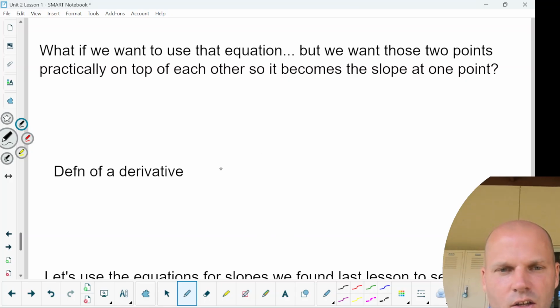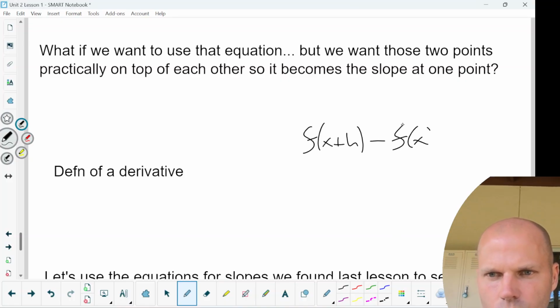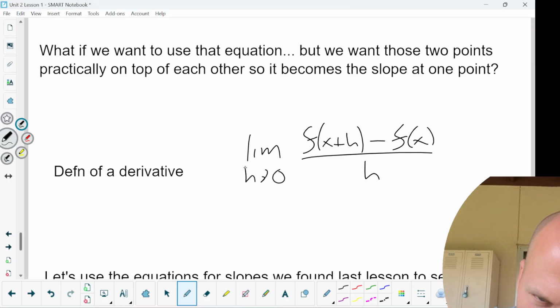All of a sudden, we can say, take my average rate of change formula, but let's put the 2 points practically on top of each other by making h approach zero.